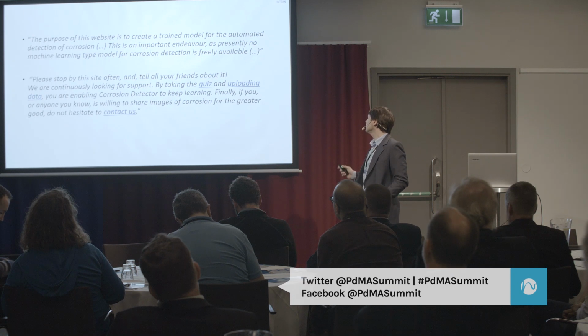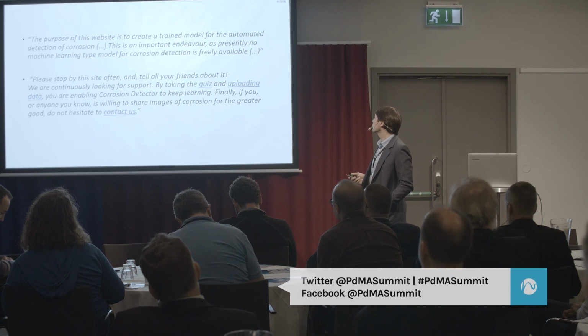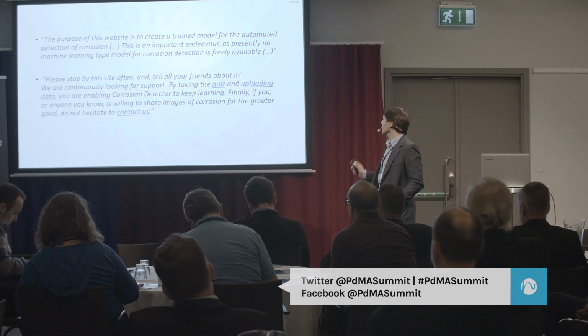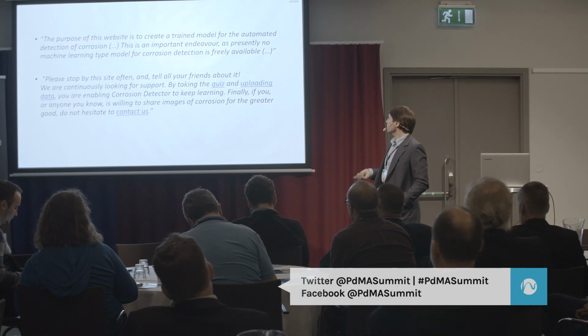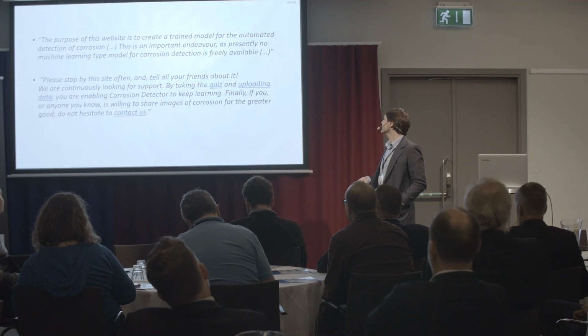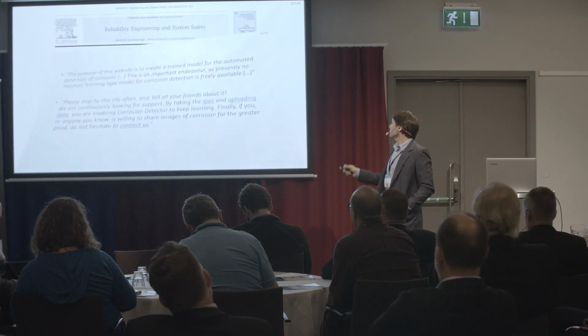This is an important endeavor, as presently no machine learning type model for corrosion detection is freely available. Please stop by this site often and tell all your friends about it. We are continuously looking for support, taking the quiz, and so on. So, yeah, this weekend, if it rains and you don't know what to do, you can check the website. Okay, so enough about this.